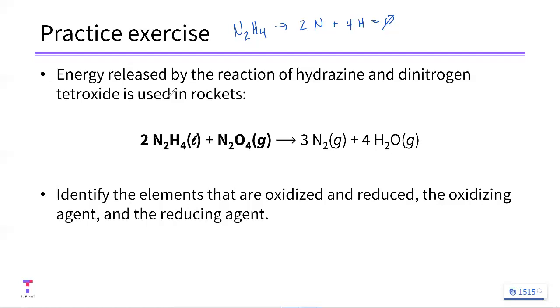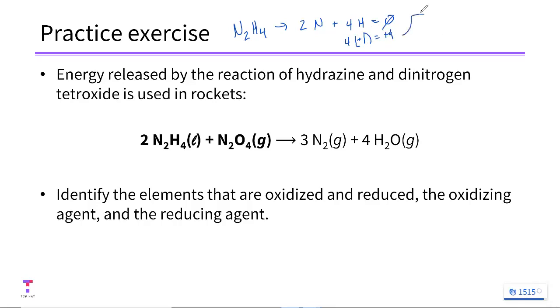From here, I would look at, okay, the hydrogen is going to be +1 because hydrogen with nonmetals is a +1 state. So I've got 4 +1s, so that's +4.